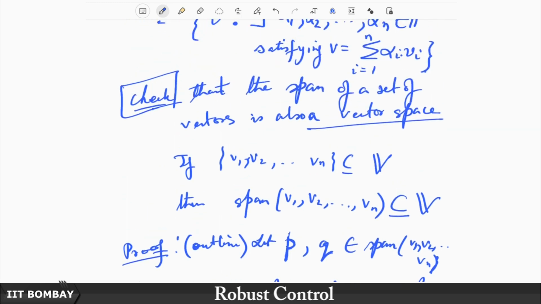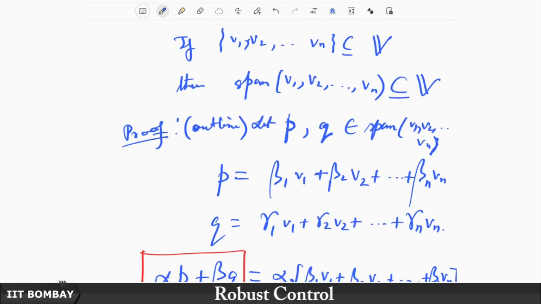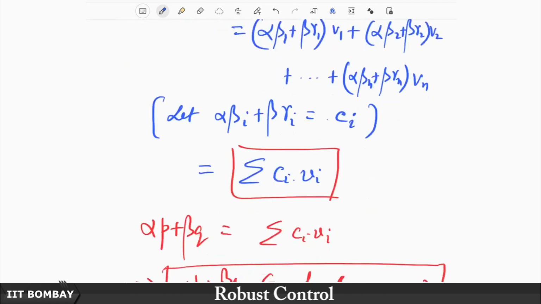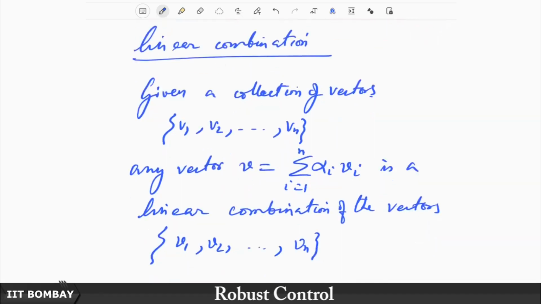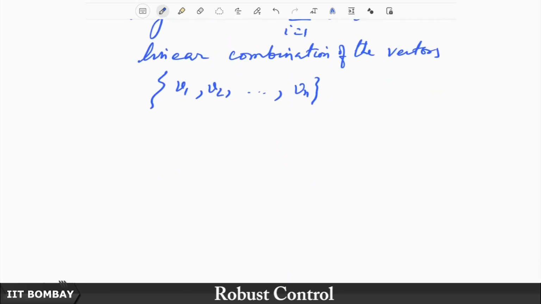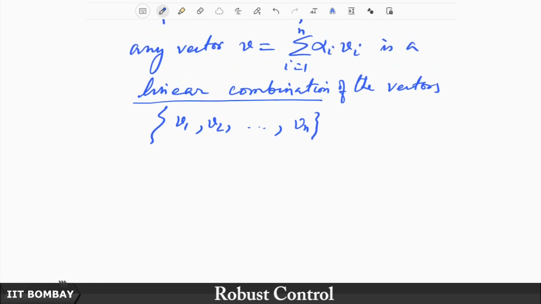That is why the moment you define a span, it is imperative that you also define what a linear combination is supposed to be. And the moment you define a linear combination, the next important term that you will come across, again something I am sure you have heard of earlier, is so called linear independence.